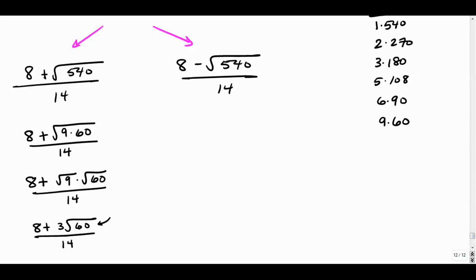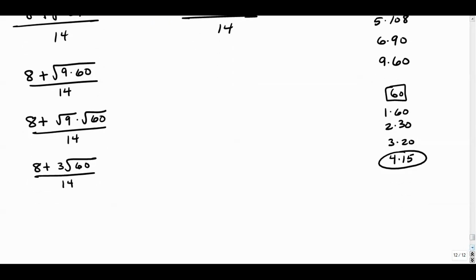All right, 60 I think about as having factors as well. 60 has factors 1 times 60, 2 and 30, 3 and 20, and 4 and 15. 4 times 15, 4 is a perfect square. So we're not quite done yet. So we're going to break 60 up into 4 times 15.